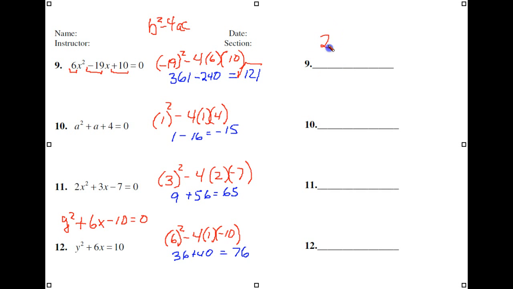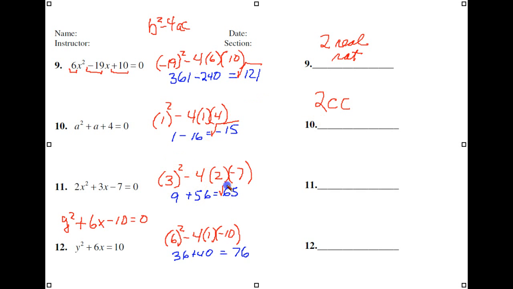So this will be two real and rational. Here under the radical we'll have a negative, so this will be two complex conjugates that are imaginary numbers.